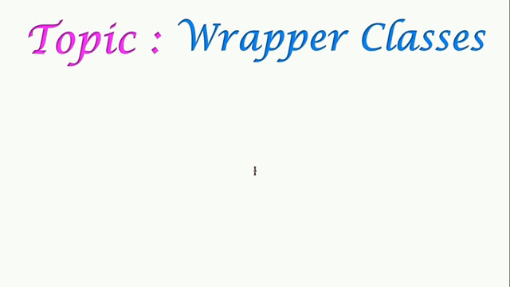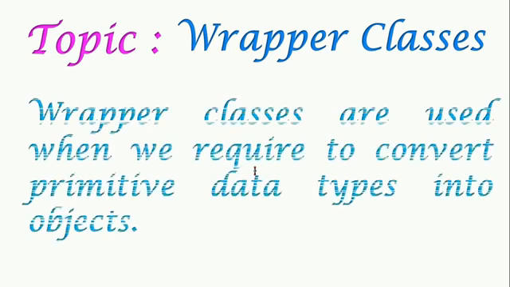For this purpose, we can use wrapper classes. Wrapper classes are used when we require to convert primitive data types into objects. A wrapper class wraps the data type and gives it the appearance of an object.